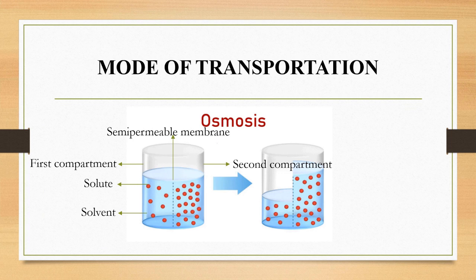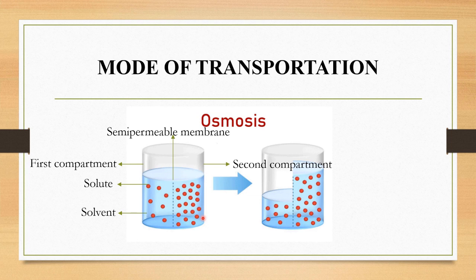So now you have a clear idea about the fluid exchange between intracellular fluid and extracellular fluid. Here you can see the first compartment with less concentration and the second compartment with more concentration. If the concentration remains the same, there will not be any exchange between the intracellular fluid and the extracellular fluid.